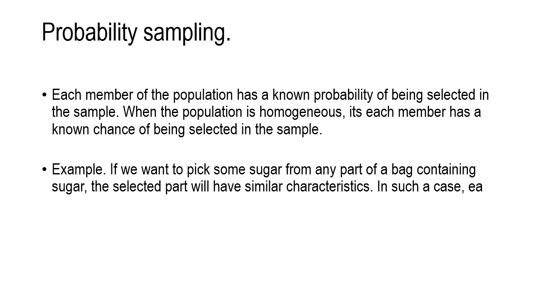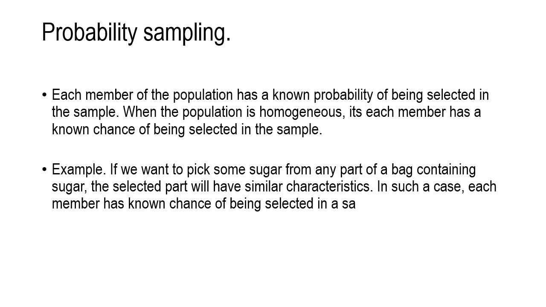In such a case, whether it has been selected or not, each has a known and equal chance of being selected in the sample. That's why it is called random or probability sampling. Note, in probability sampling, the population must be homogeneous and members must have equal chances of participating in the study.